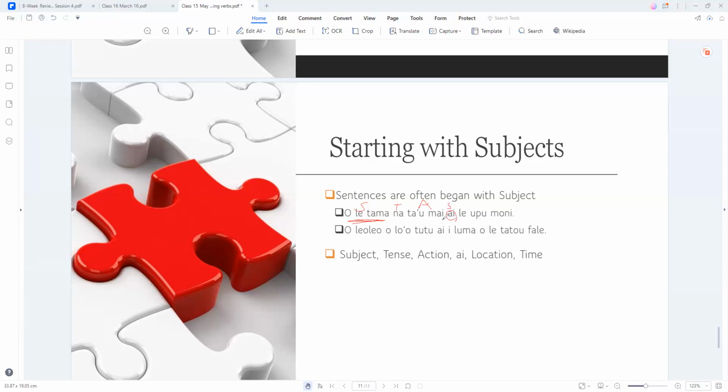Hopefully everyone kind of gets what I'm saying. Tense, action, subject. But we said the subject already on the time. So we just put I right there. And it's just kind of saying, okay, we need a subject there. And then the rest of whatever you're talking about, the truth. So the boy told to me the truth. The boy told the truth to me. O le tama na ta mayai le.